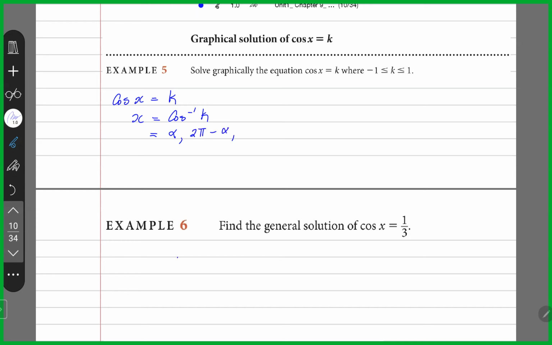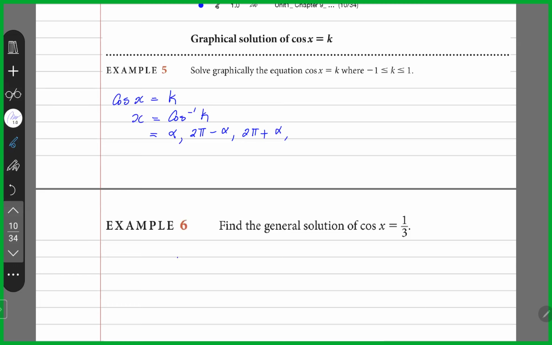Now, back to the first quadrant. So that is the first 360 degrees. Now let's go to our second 360 degrees, between 360 degrees and 720 degrees. The answer in the first quadrant is going to be 2 pi plus alpha.